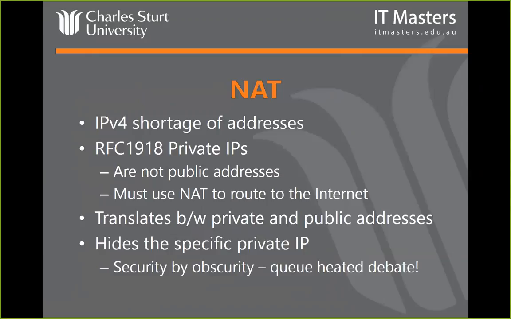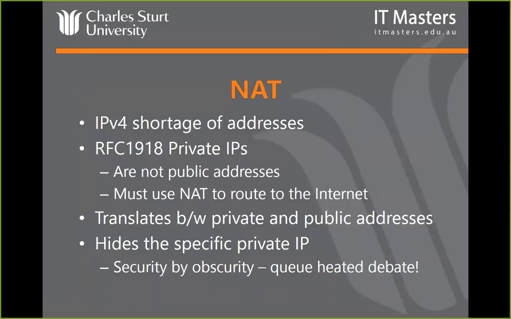So NAT was developed as an adjunct technology to allow those private IP addresses to be translated at the perimeter between the internal and external world, and therefore allow internal hosts to communicate with internet connected hosts by using a translated address rather than their own internal IP address.